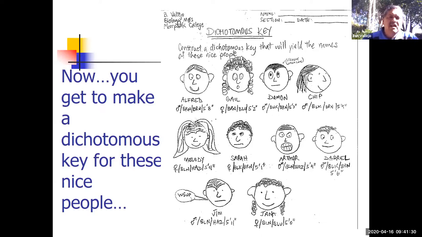Well, as you make your own dichotomous key for these people, and by the way, this is my very best artwork. I was not most artistic when I was in senior superlatives as a senior in high school. I was most likely to succeed, but I was not most artistic.